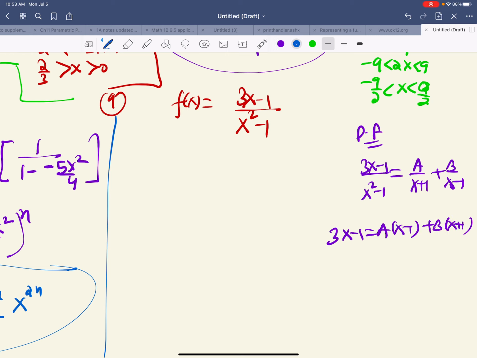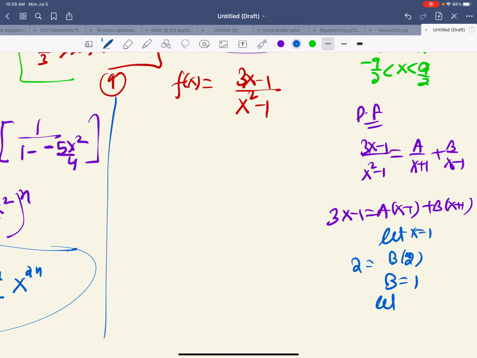Okay, I'm going to let x be positive 1. If x is positive 1, I have 2 is equal to 2b. So b turns out to be 1. Let x be negative 1. If I let x be negative 1, negative 3 minus 1 is negative 4, and negative 2a. So a turns out to be positive 2.